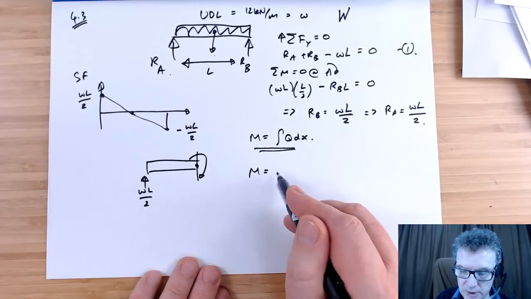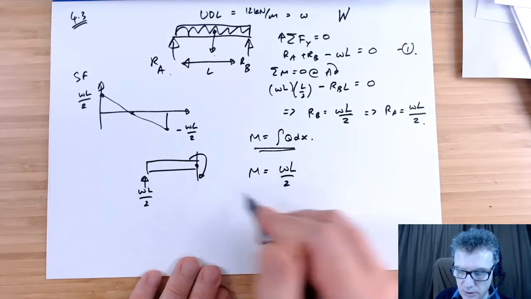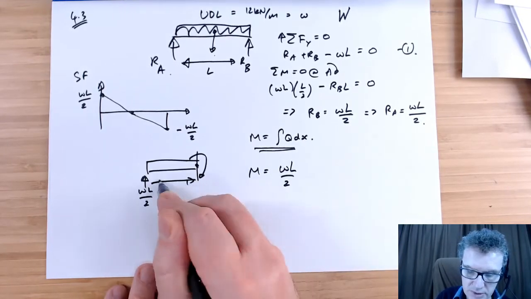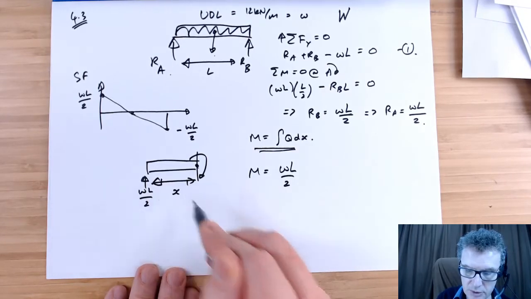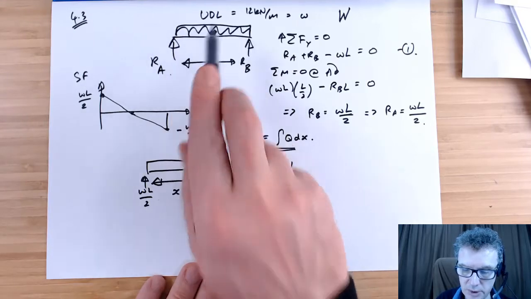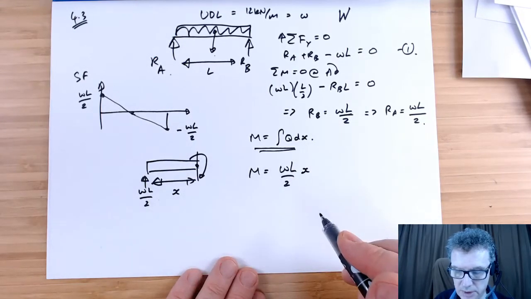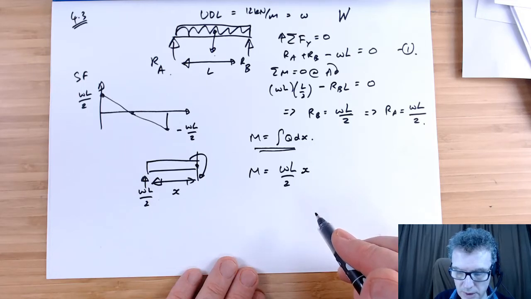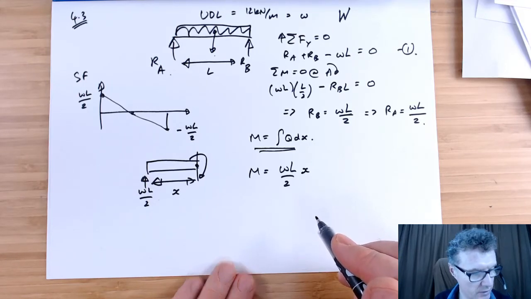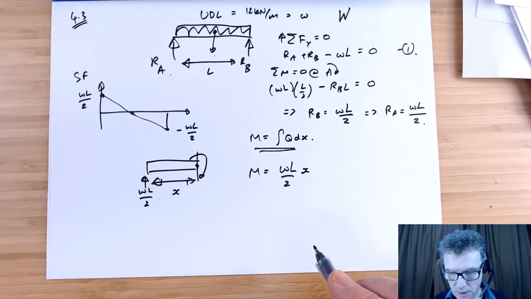Going clockwise, I've got little wL over 2 times this distance from here to here, so that's an arbitrary x distance. So we're cutting through the beam somewhere, an arbitrary point, and that's x. And I've done something wrong, because why isn't that going to be negative?